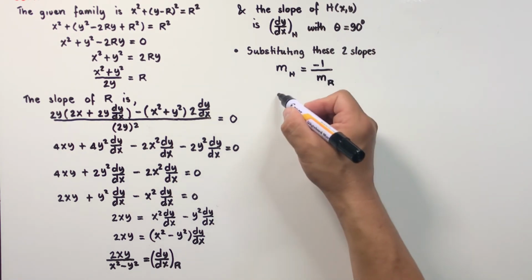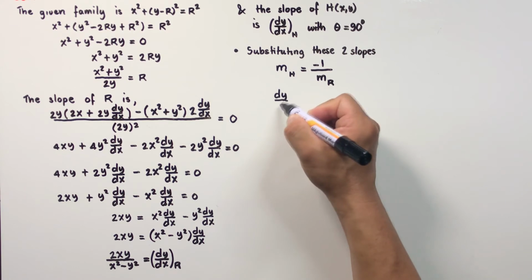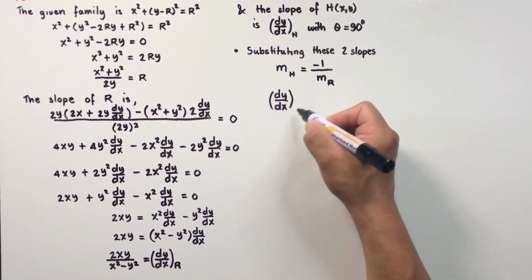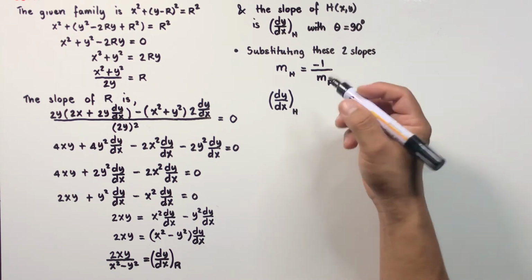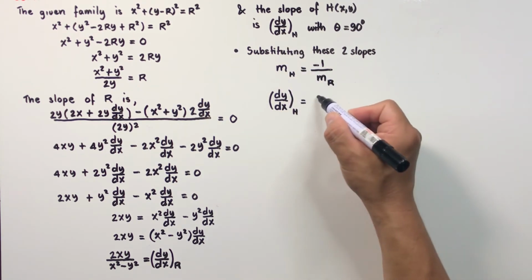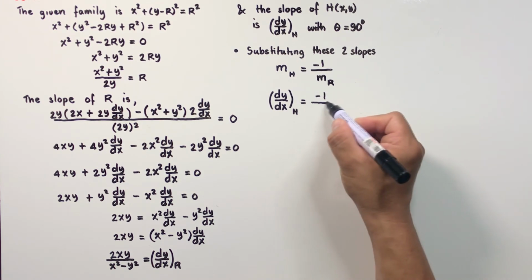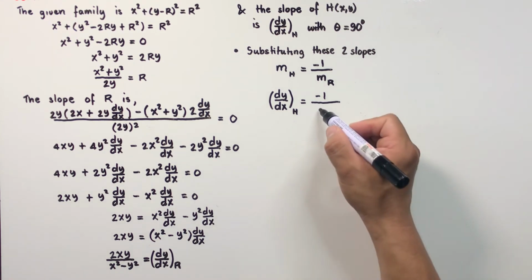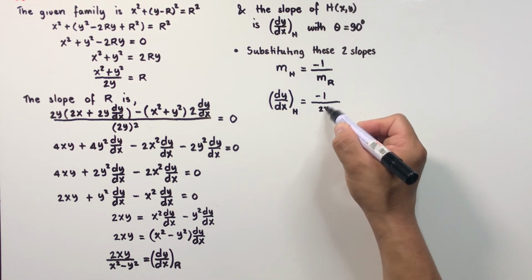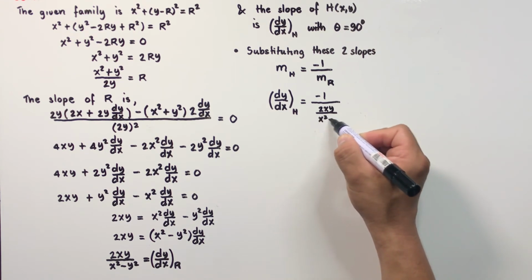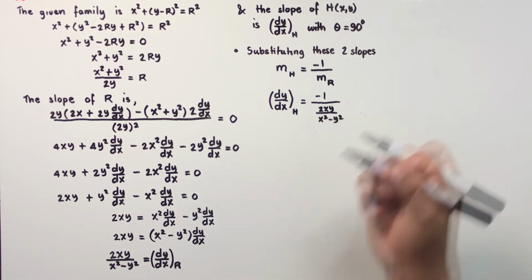So we have the derivative of y with respect to x, because this is the representation of the slope of the unknown orthogonal trajectories, is equal to negative 1 over the slope of the given family of circles, which is 2xy divided by x squared minus y squared.